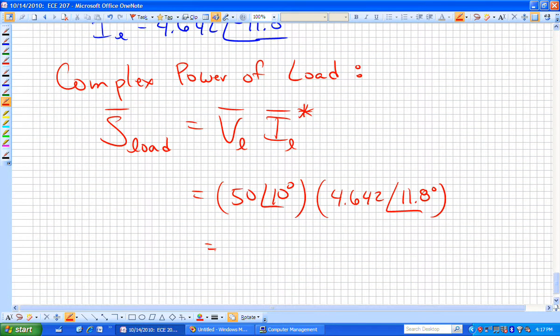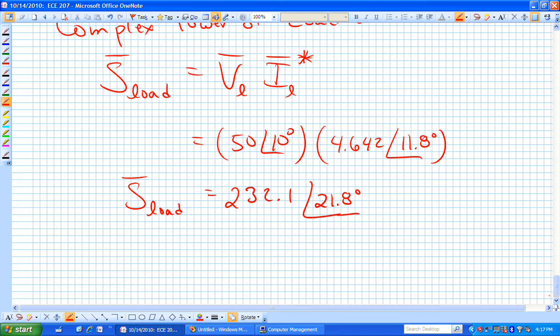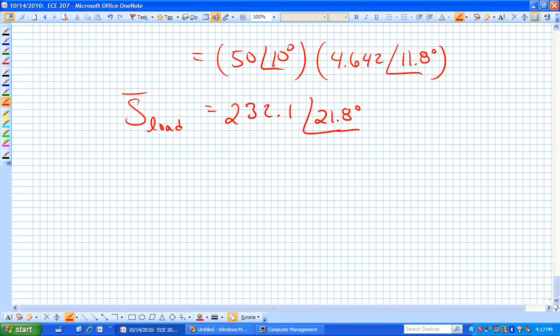I multiply those two together and I now have 232.1 at an angle of 21.8 degrees. And that's the same angle as my impedance, which is fine. Now we can sketch this if we want to get a feel for what we have.